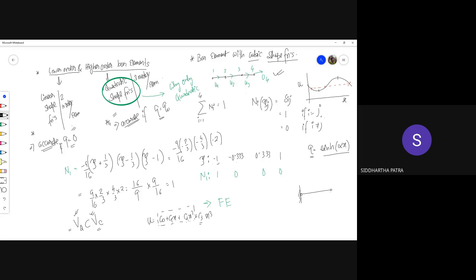Those are just observations, not criteria. That being said, the cubic shape functions will always be more accurate than the quadratic shape functions, and both of them would be more accurate compared to the linear shape functions.